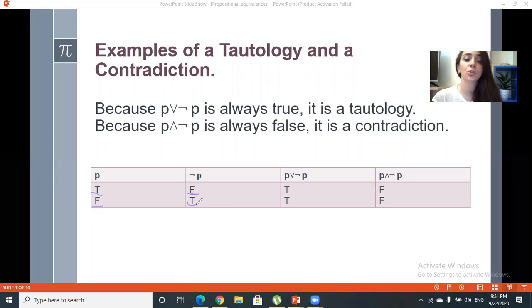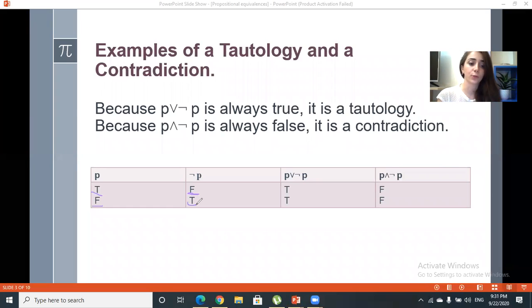What is a contradiction? The conjunction of P and negation P. If P is true, then negation P is false. The conjunction means and. If both substatements are true, then our conjunction is true.